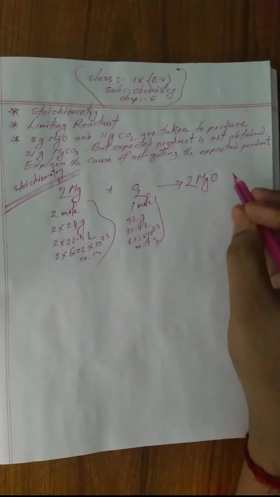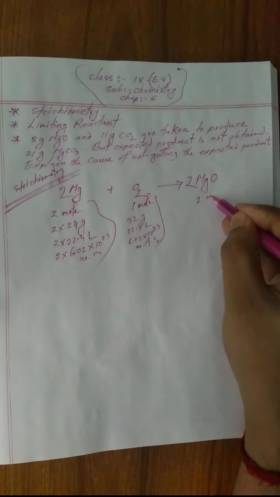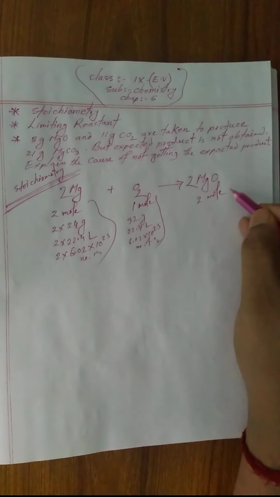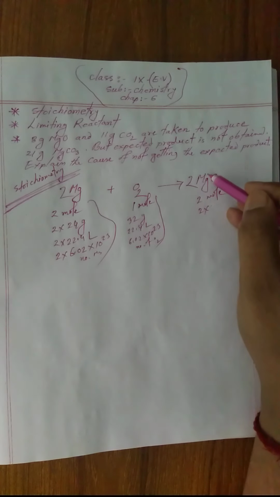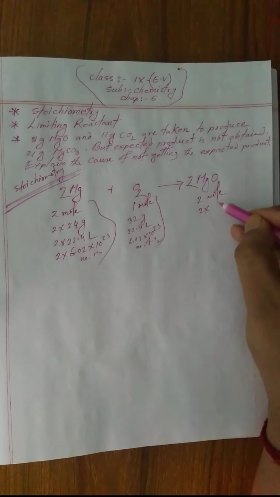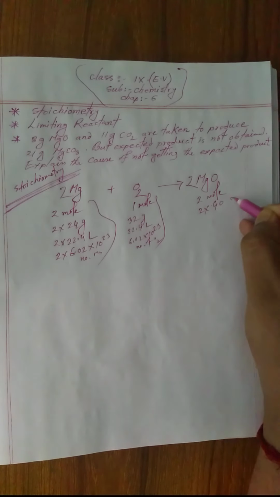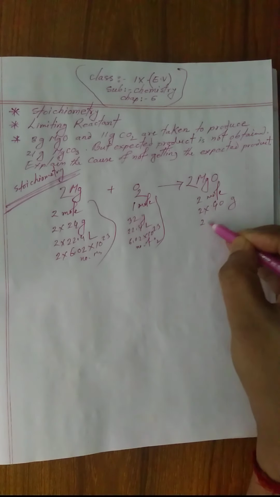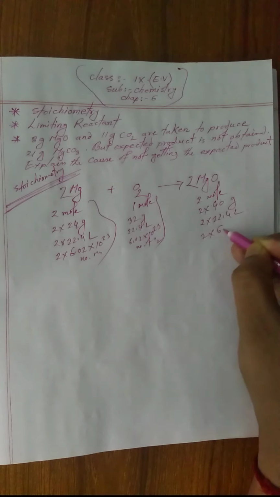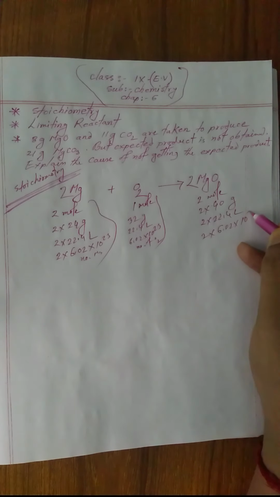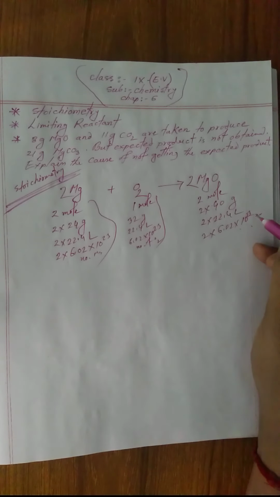And for magnesium oxide, 2 mole, 2 multiplied by magnesium 24 plus 16, that means 80 gram, 44.8 liter, 2 Avogadro number of MgO molecules.